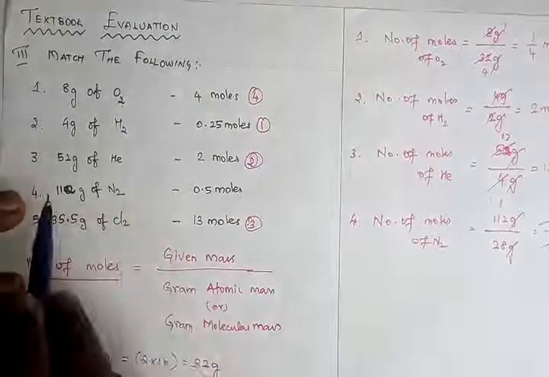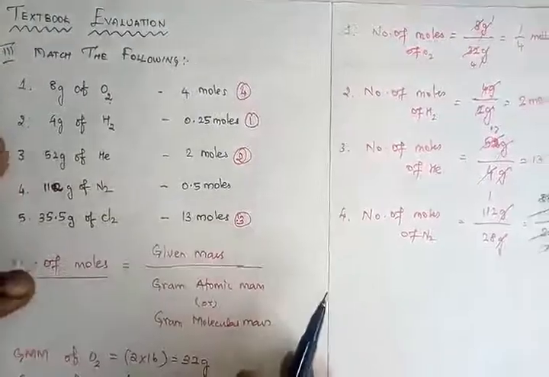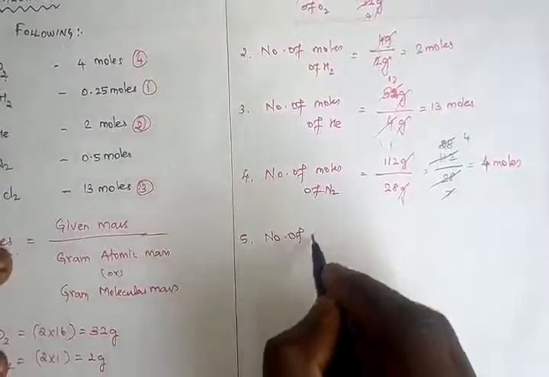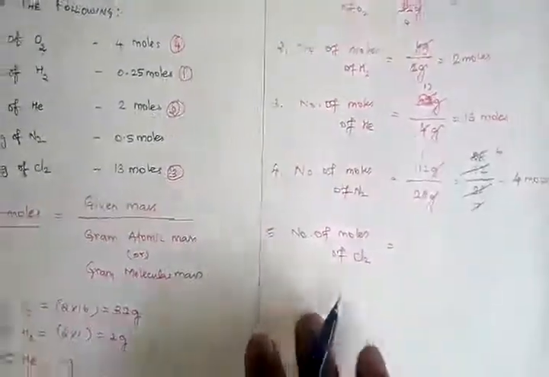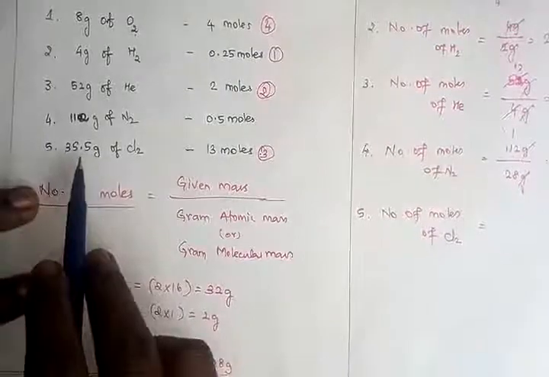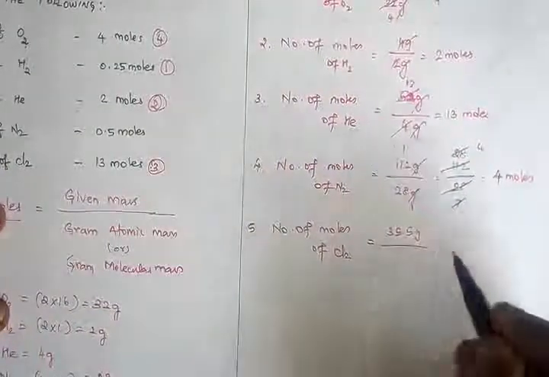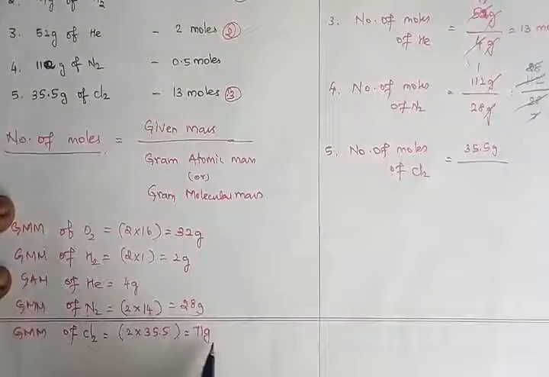The last one should be 0.5 moles. Let me work it out. The fifth one, the number of moles of chlorine is equal to the given mass, 35.5 grams, on the top, divided by the gram molecular mass we calculated for chlorine, 71 grams.